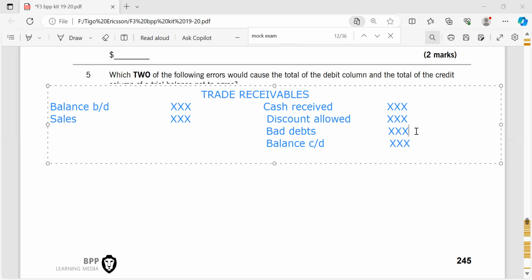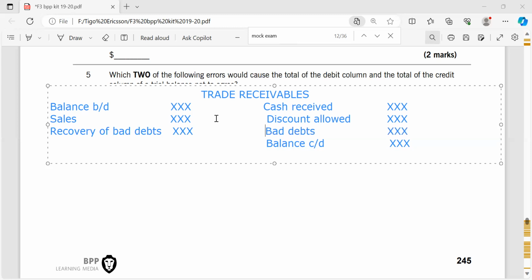So the recovery of bad debts should obviously stay on the debit side. I think that's what we are trying to ask, right?